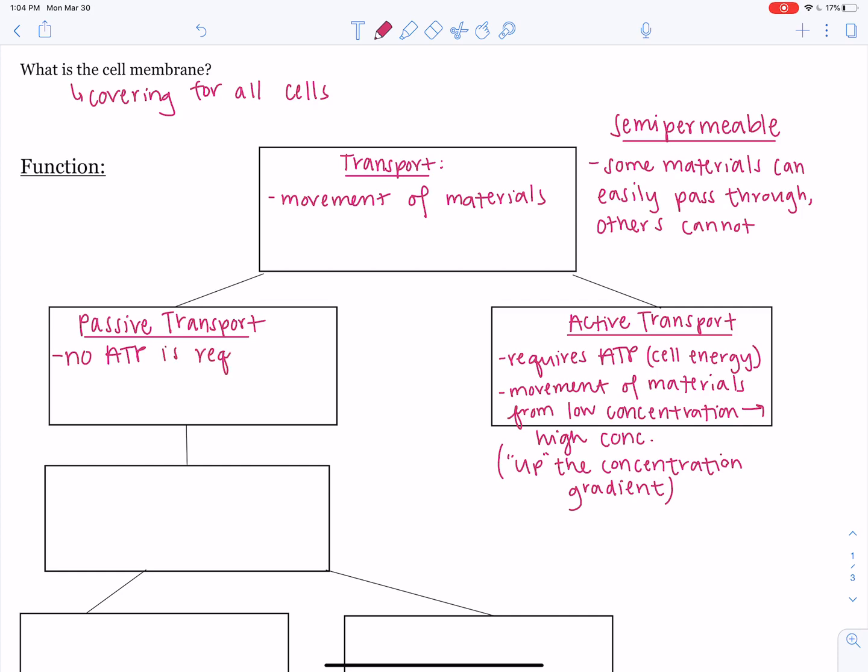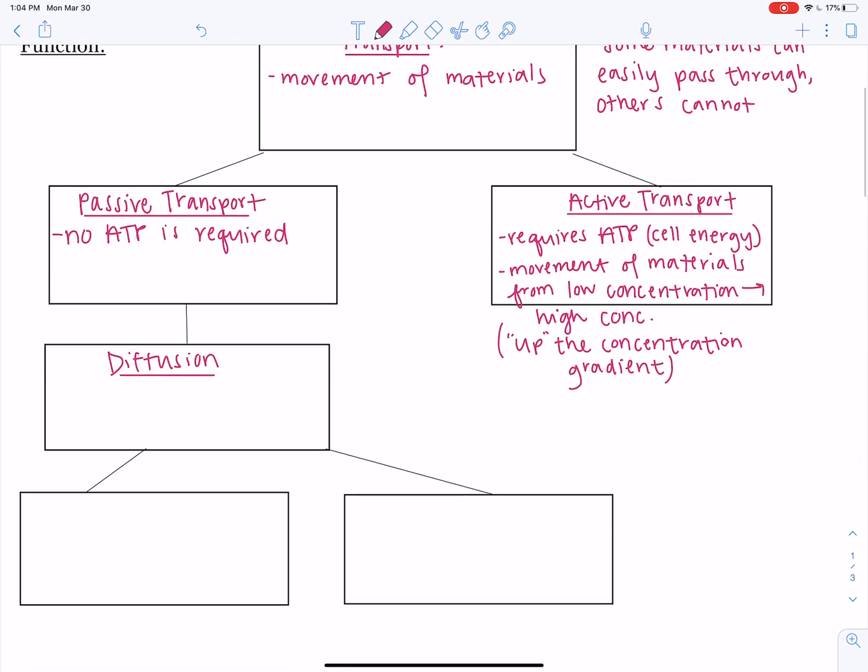And you've already learned about one type, which is called diffusion. And diffusion, we say, is the passive transport of particles from an area, so it's moving materials from a high to a low concentration. It's like when particles spread out.